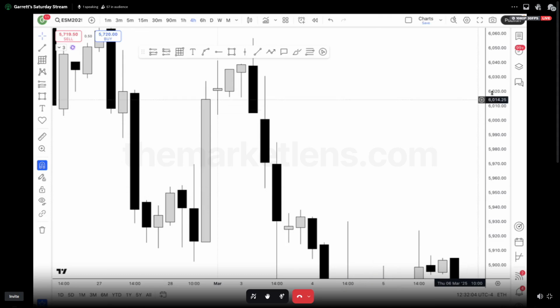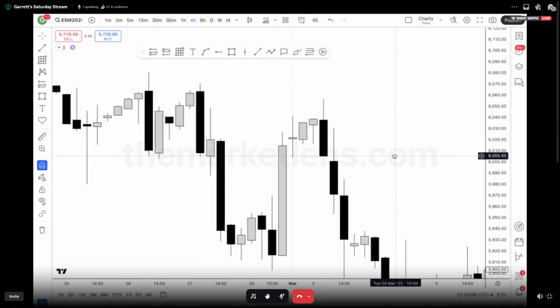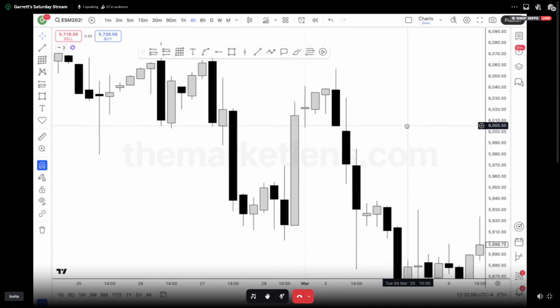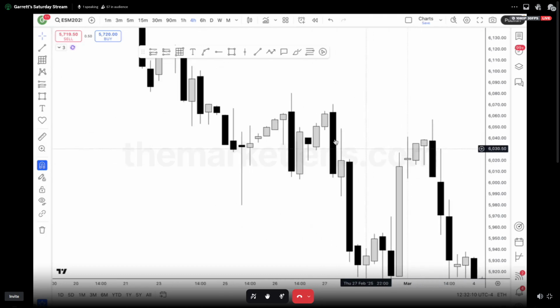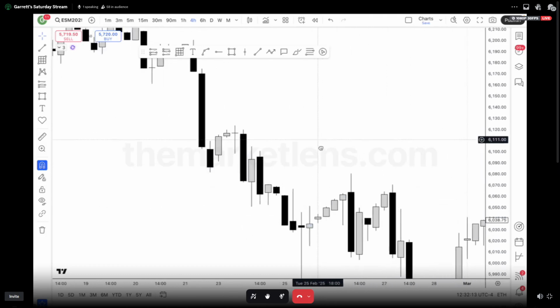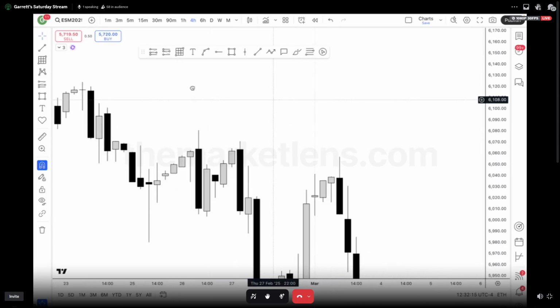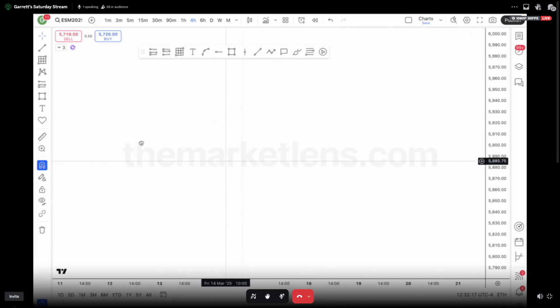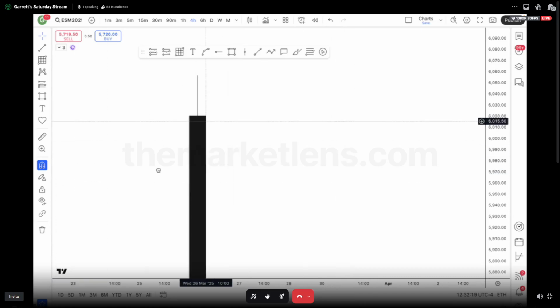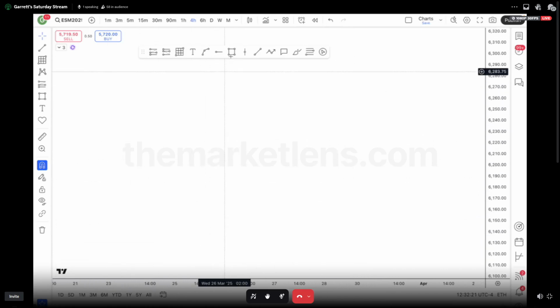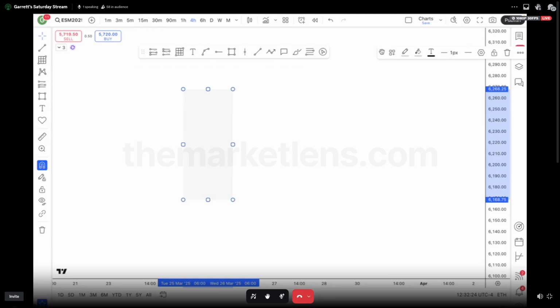This is actually insane. Unless I'm blind right now, I can't really find one. But essentially when the daily closes like this, I'll just draw it because this is ridiculous. All right, so it's when the candle closes like this.